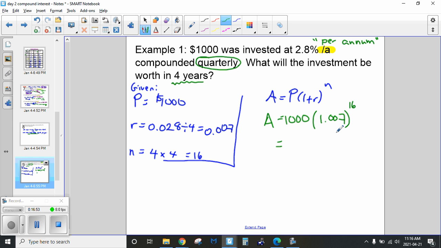So 1.007 to the exponent 16, and then multiply by 1,000. And the final answer for this is $1,118 and 8 cents. Okay, so it will have grown by $118.08.